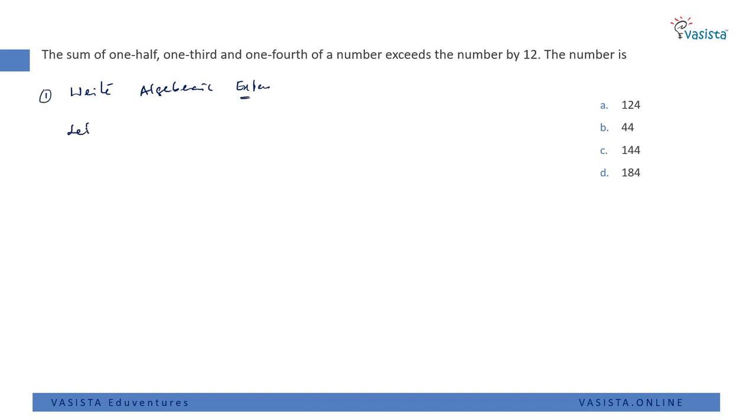Right. Let us check out here. Let the number be x. Now the sum they have given, we need to add 1/2 of the number, that is half of x, plus 1/3 of the number, that is 1/3x, plus 1/4 of that number, 1/4x, is equal to the number plus 12, that is x plus 12.